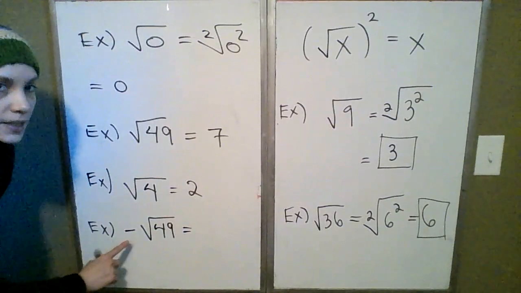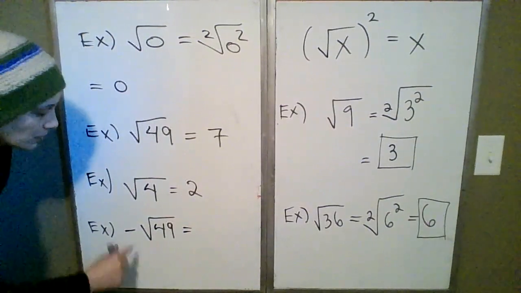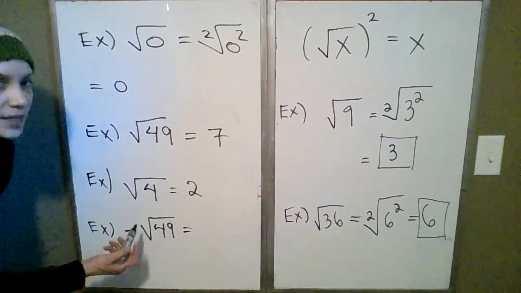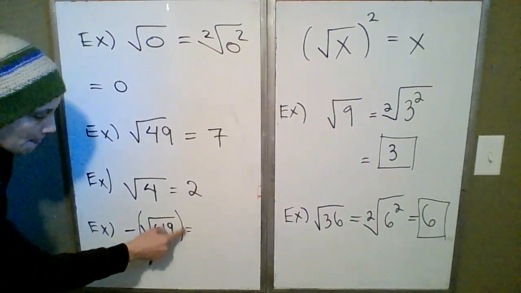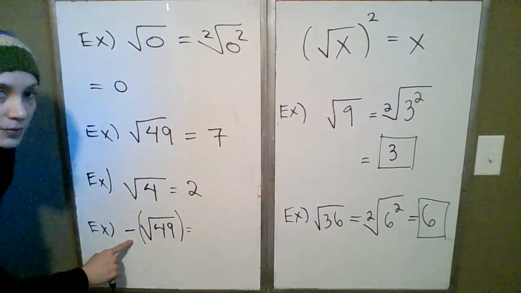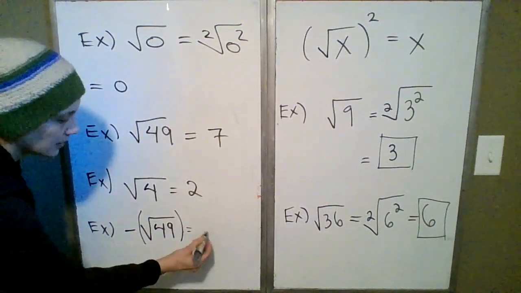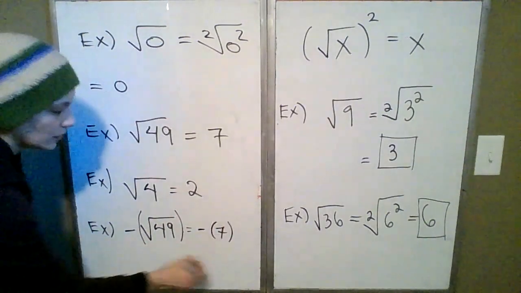There's that negative sign, and then you can almost think of this root 49 as being in parentheses. So negative of positive 7, just negative 7.